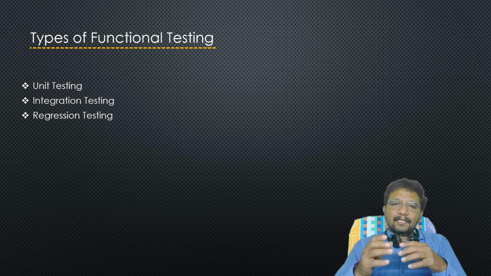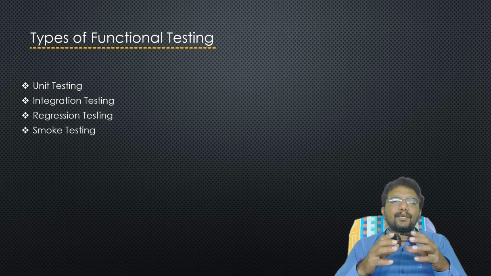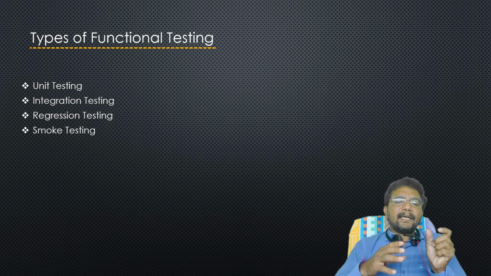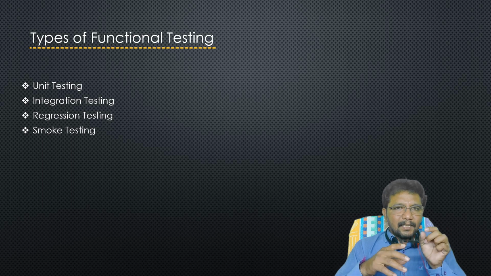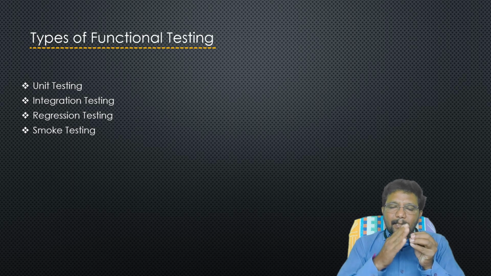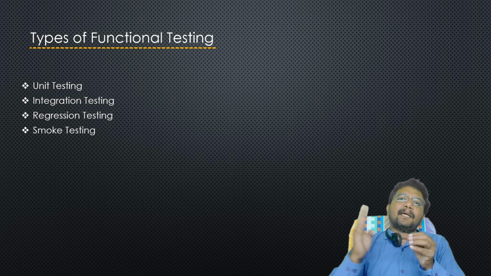Then next, smoke testing. Before we start our entire end-to-end testing process, we have to perform important module testing. That is called what? Simply important module testing. After performing the testing of some important features, the testing process will be continued.